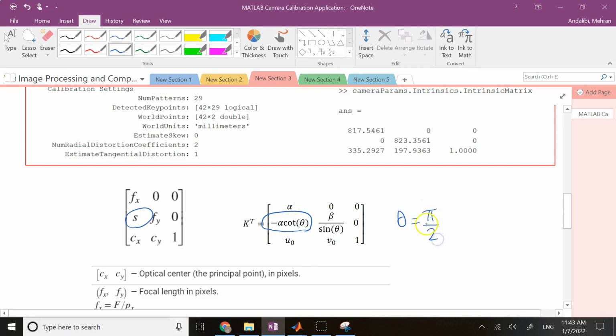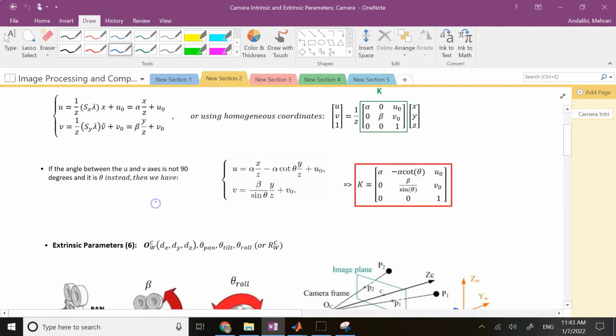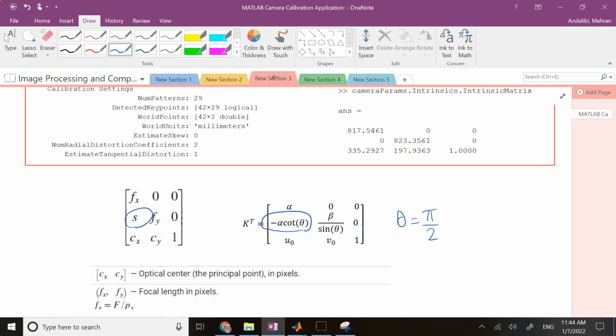So the skew comes from the fact that the U and V axes are not perpendicular to each other, as we mentioned, and that changes your simple K matrix to a little bit more complicated one. So this K matrix always has this parameter that we call the skew parameter. When you say check for a skew, it means I assume that theta is not equal to pi over 2.